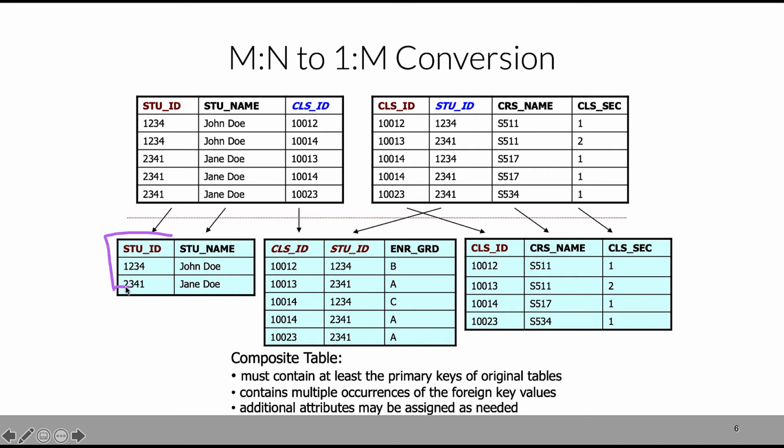If we represent student ID and student name as one table, and bridge it to a class table where student ID will be a foreign key and class ID will be the primary key. All right, so those tables should contain at least the primary key of the original table. For the foreign key, we can have multiple occurrences, but at least in this way, now we can have a non-duplicate student ID that we can relate to class IDs.